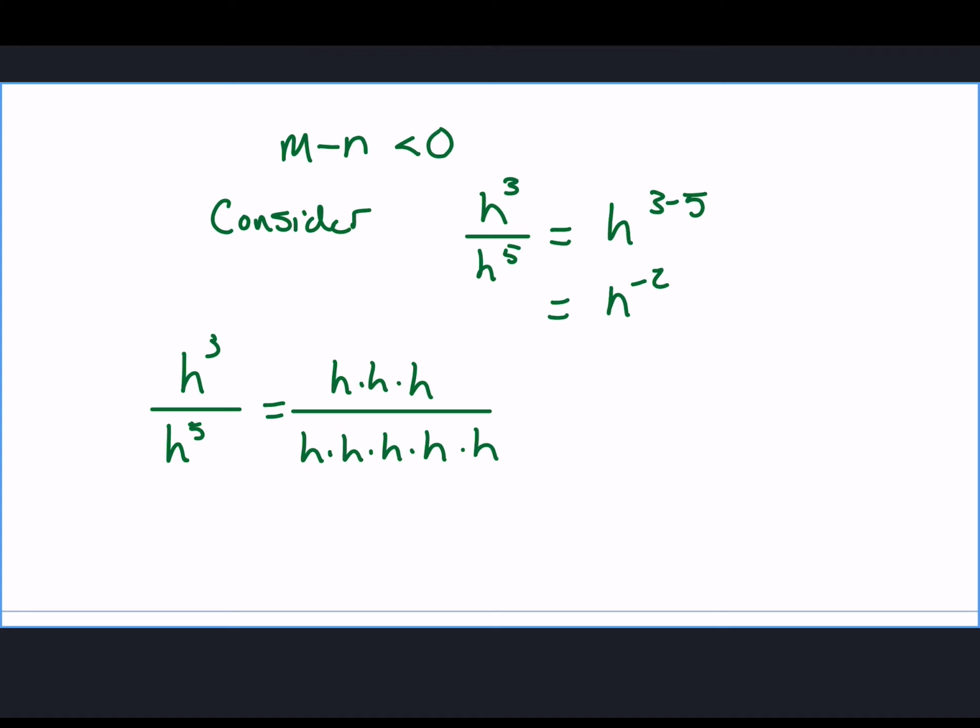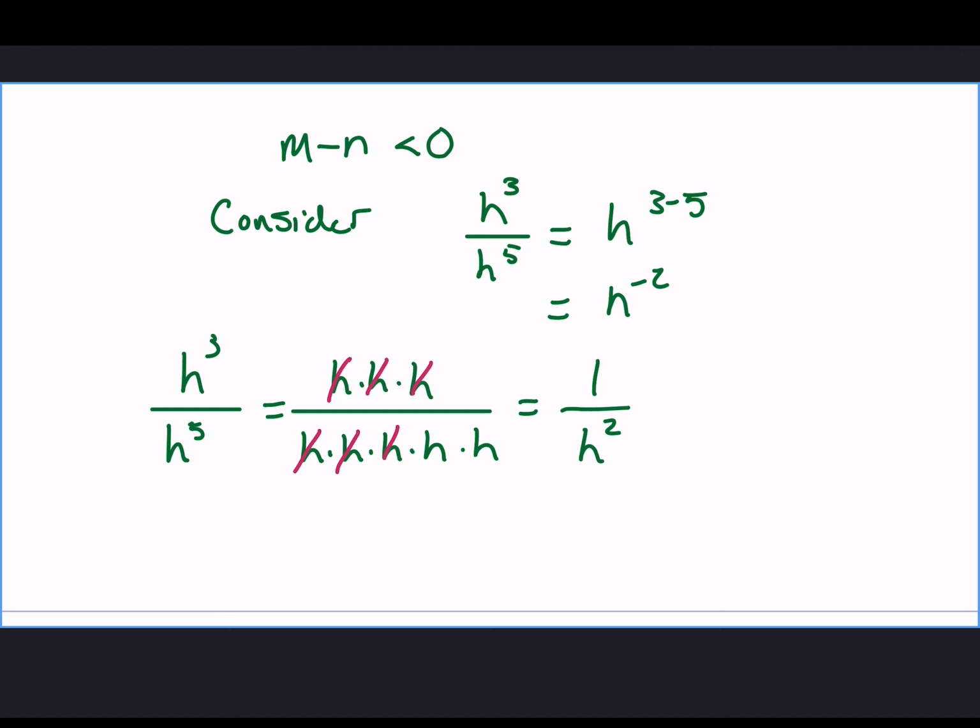So we can cancel out 3 pairs, a pair in the numerator and denominator, a pair in the numerator and denominator, and a pair in the numerator and denominator. So how many are we left with in that denominator? We have 2 factors of h in the bottom, which is 1 over h squared.